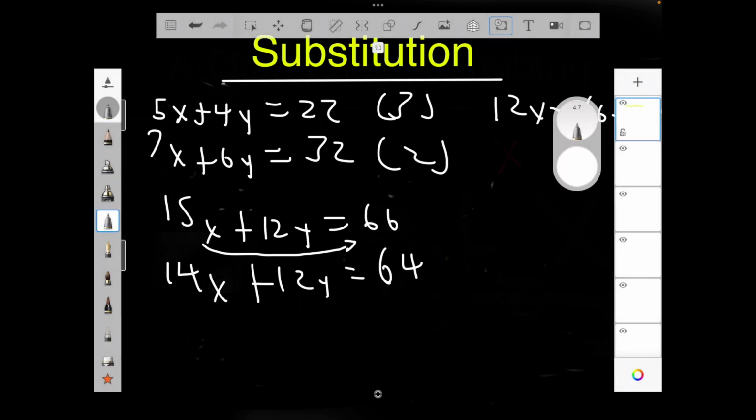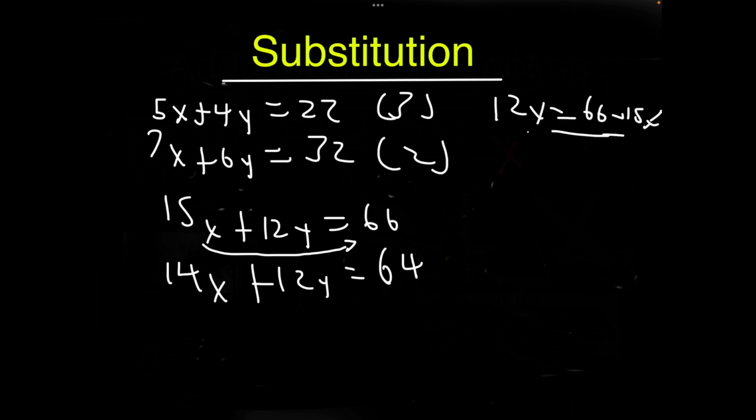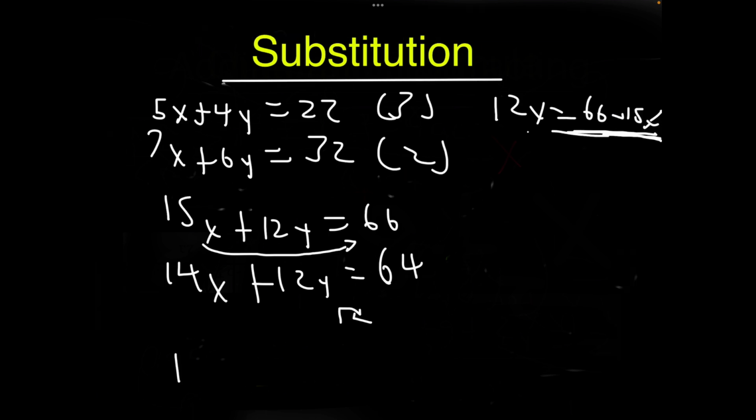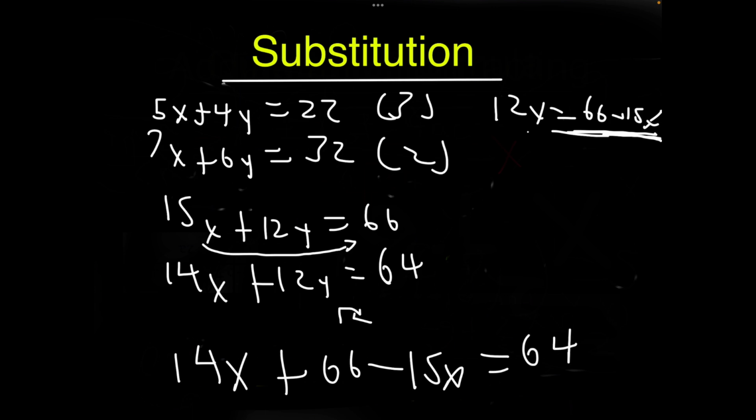So we know that the 12y equals this statement right here. So we could plug this statement in for the other 12y right here. So that would just be 14x plus 66 minus 15x equals 64.